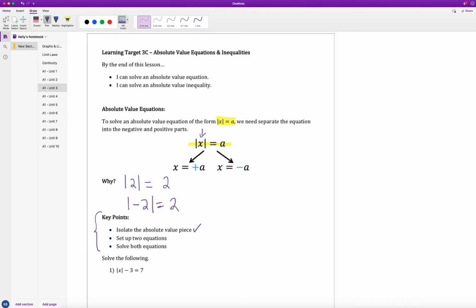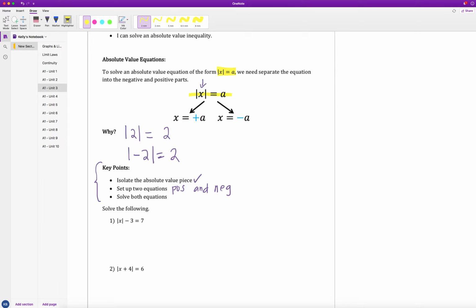So let's look at our first example here. Example 1 says the absolute value of x minus 3 equals 7. So to be able to split into two equations, the positive and the negative, I first need the absolute value part isolated. So in example 1, is the absolute value part isolated?